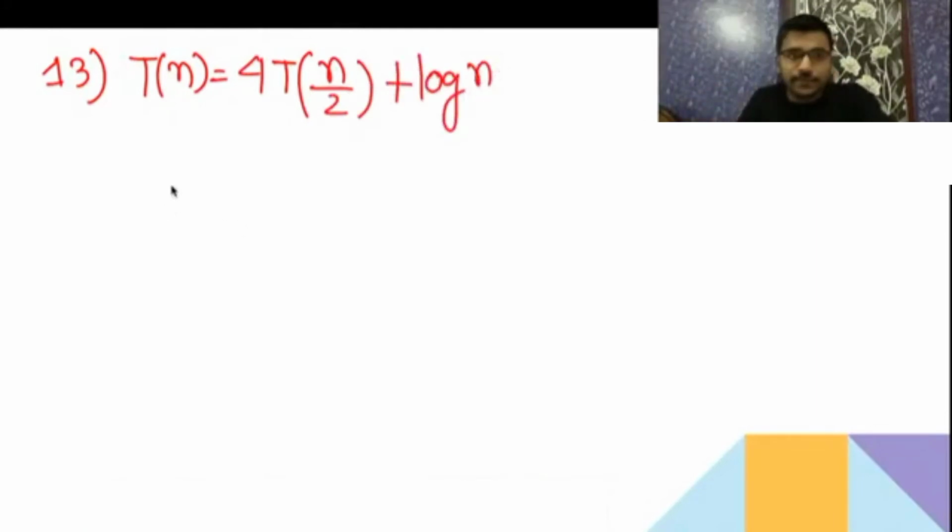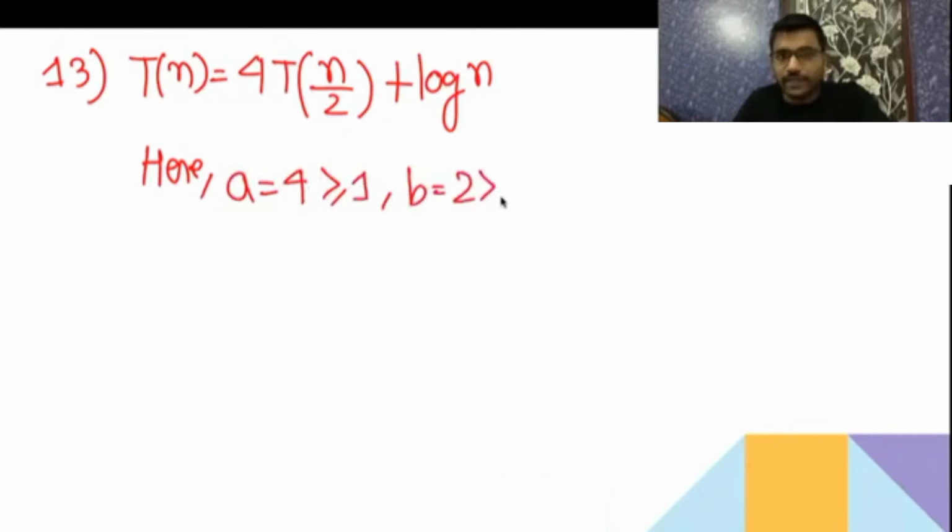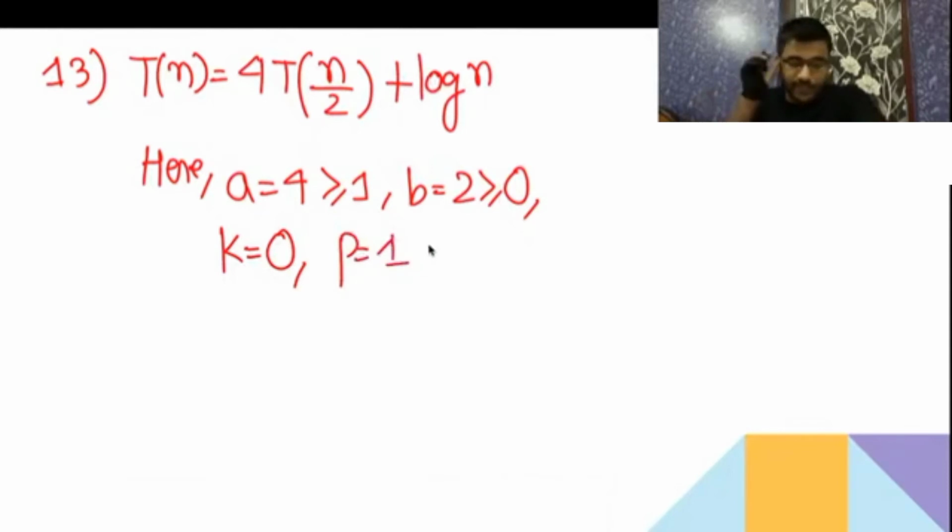Now try this. Here a is 4, which is greater than or equal to 1, b is 2, which is greater than 1, k is 0 here, because n to the power 0 is nothing, since no n is there, and p is equal to 1. Is it clear now?